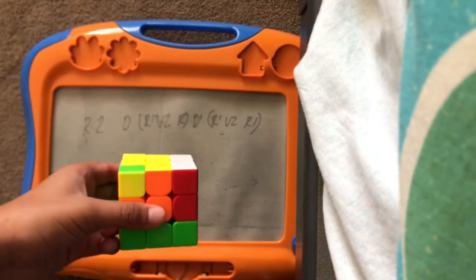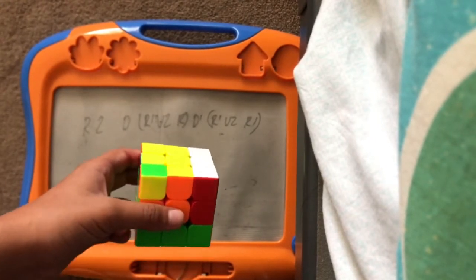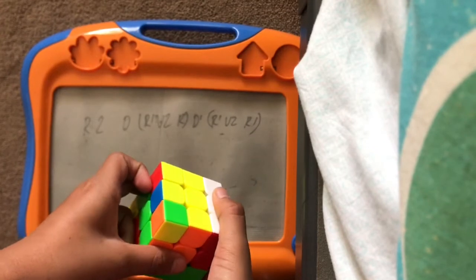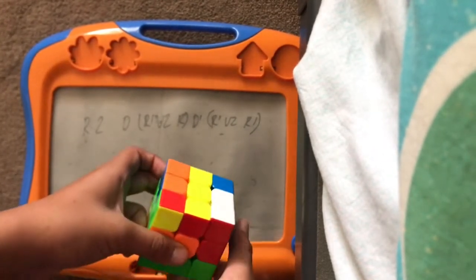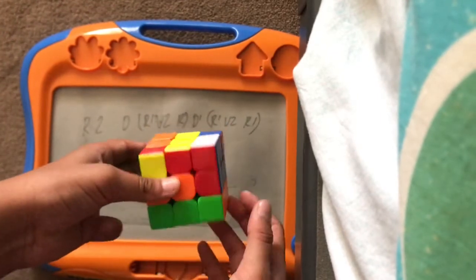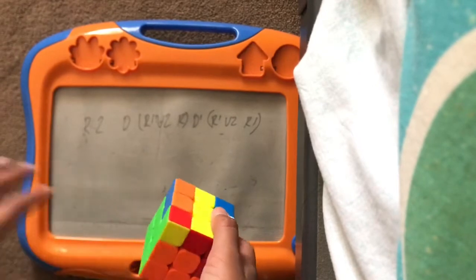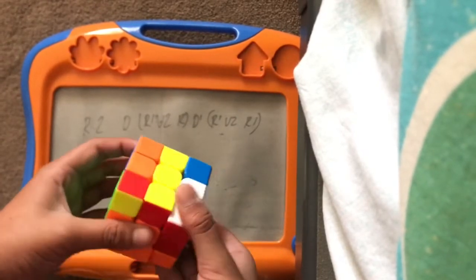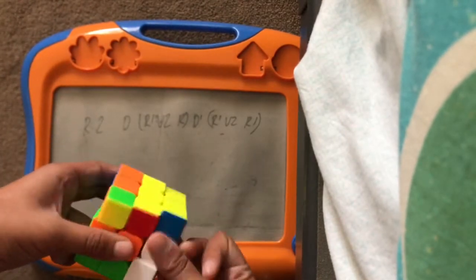And then it's basically like the U2 R', but kind of the opposite. So you start with R' U2, then D', and then you just do basically U2, but all R primes going down. So the full algorithm would look like this.